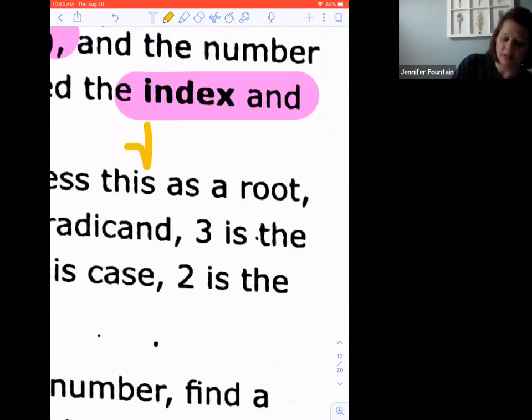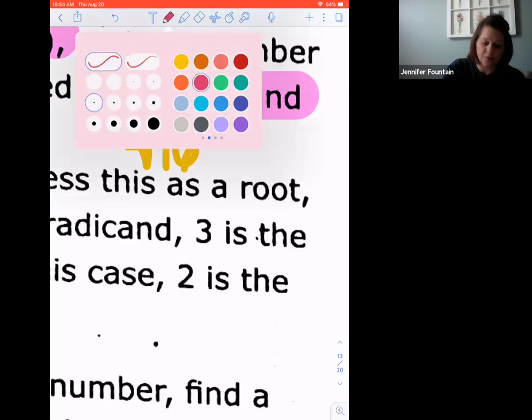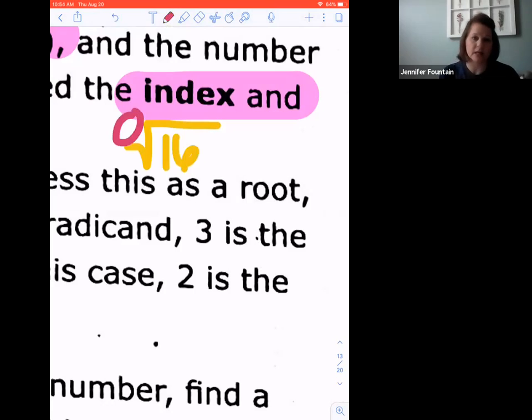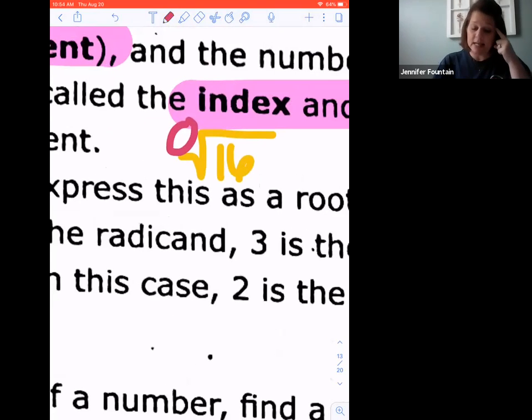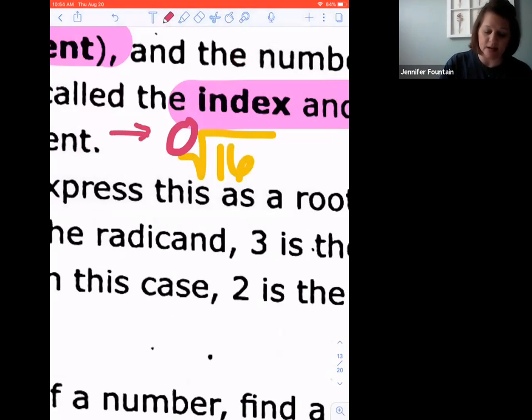If I have a symbol that looks like this, and I had 16 under it, notice that I do not have a number written here. If there is no number written there, I understand that number to be a 2. So when we talk about a square root, I understand that number to be a 2. Nothing there. If it is blank, I understand it is a 2.